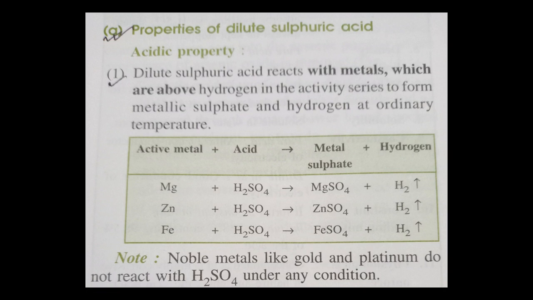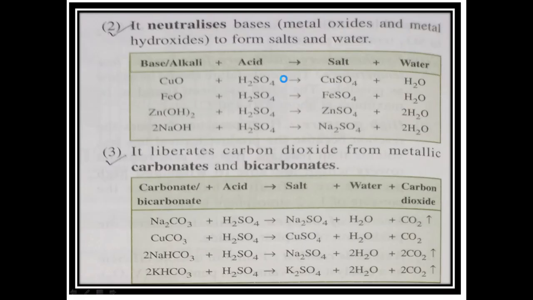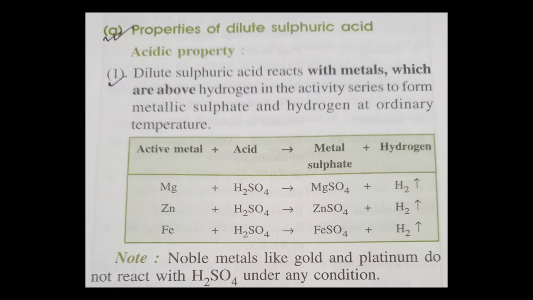Dilute sulfuric acid reacts with metals above hydrogen in the activity series, because whatever metals are there below hydrogen in the reactivity series will not displace hydrogen from dilute acid. As a result, they do not react with dilute sulfuric acid to form salt and hydrogen gas. So metals above hydrogen in the activity series can react with dilute sulfuric acid to produce metal sulfate plus hydrogen gas.